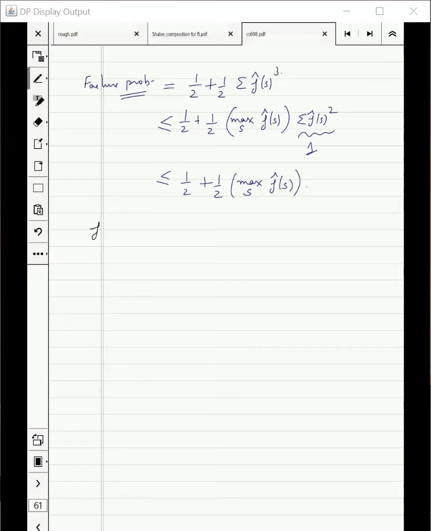Now, if f x is not equal to chi s x on 1/3 fraction of inputs, what can I say about f hat s?